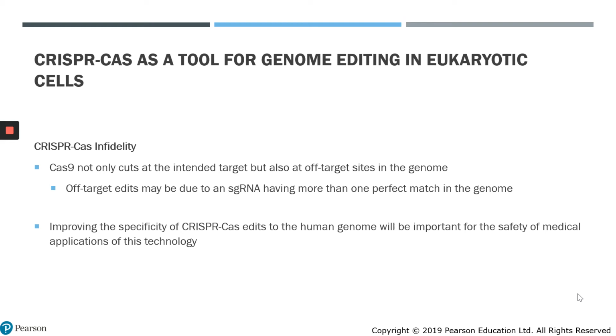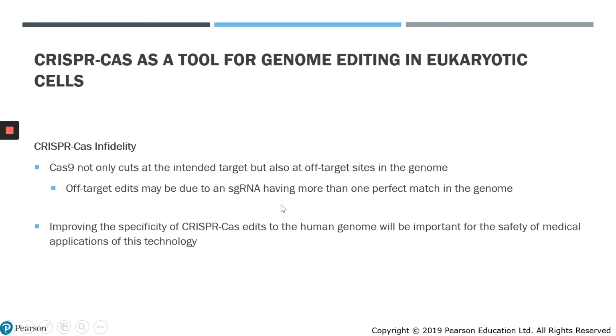Although, when we're using the CRISPR-Cas9 system for molecular biology, we have to bear in mind that this system also has infidelity. Cas9 may not always cut the intended DNA target, and it can have off-target effects in the genome, which means that it can cut other regions of the genome, and this may be due to the sgRNA having more than one perfect match.